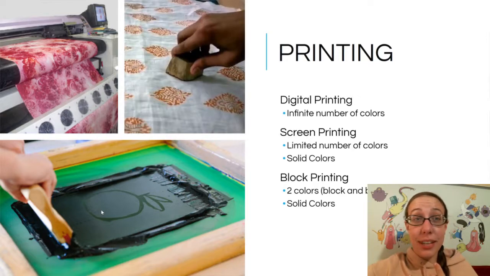And then you get a whole third screen with just the green on it, and you have to make sure it is perfectly aligned with the orange and the black, and then you print that. So you have to wait for all of those to dry in between in standard screen printing.